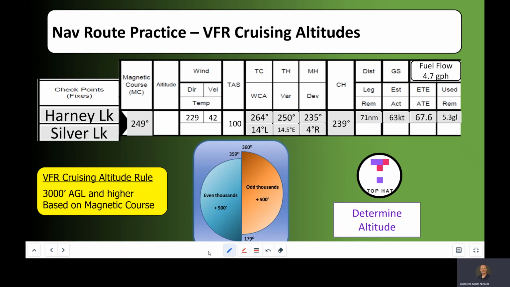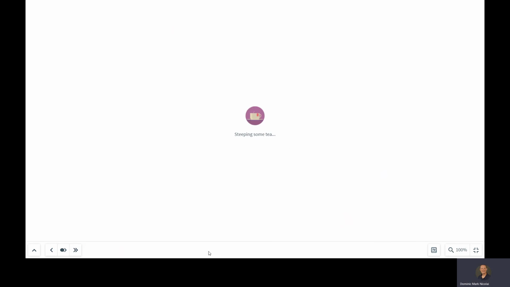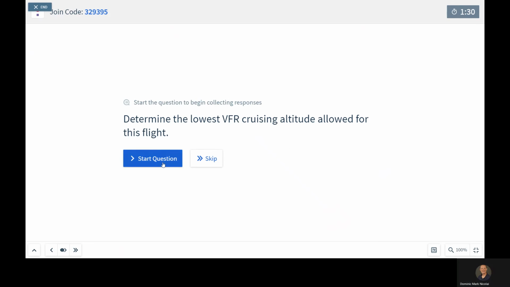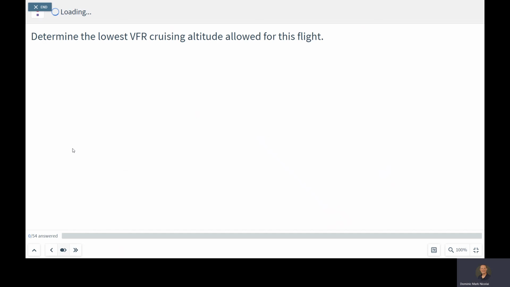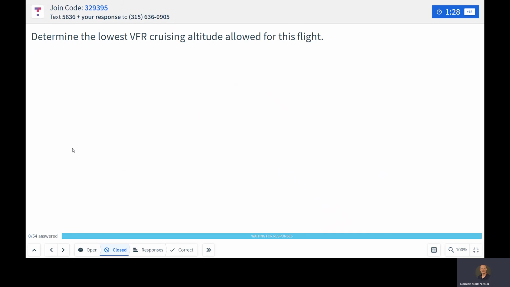So for this problem, determining the lowest possible VFR cruising altitude, we're taking our highest obstacle, adding 3,000 feet to it, and then go to the next highest cruising altitude, appropriate for your direction of flight. So 6,142 feet plus your 3,000. Go to the next highest VFR cruising altitude for your direction of flight.